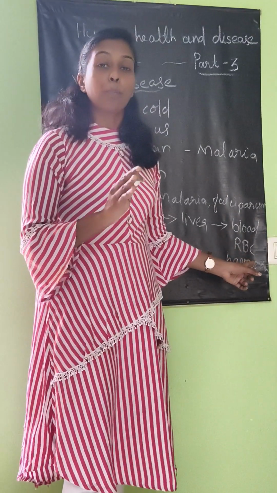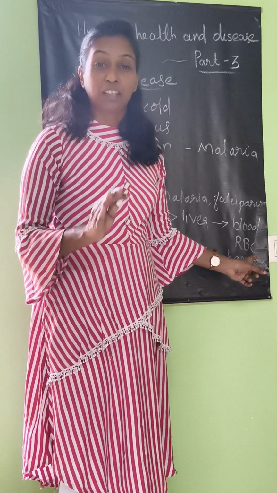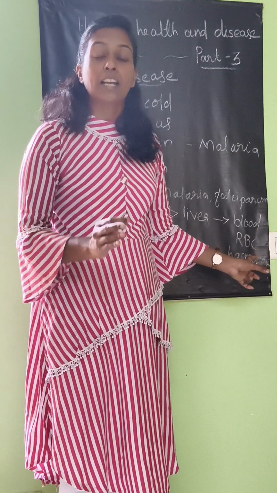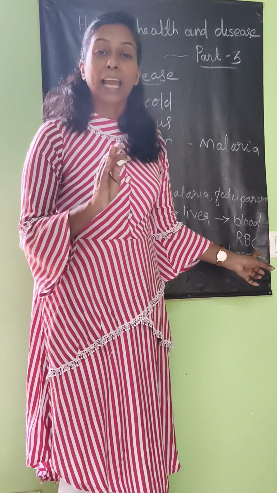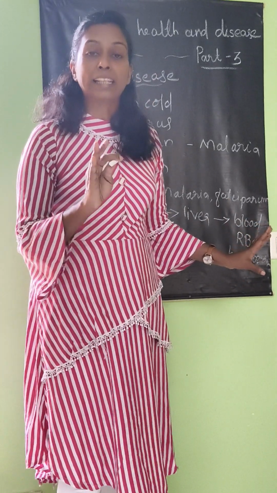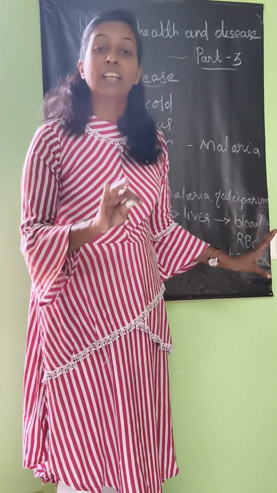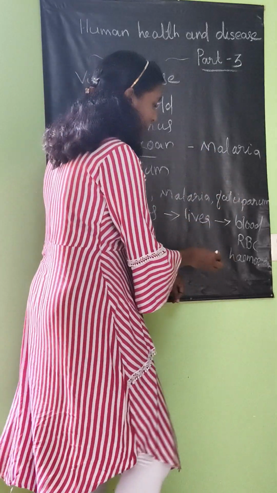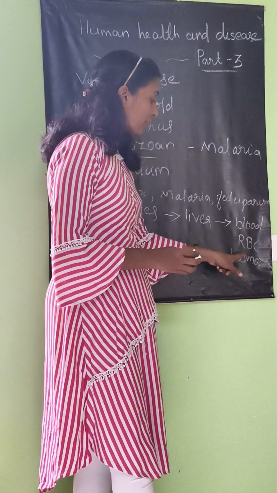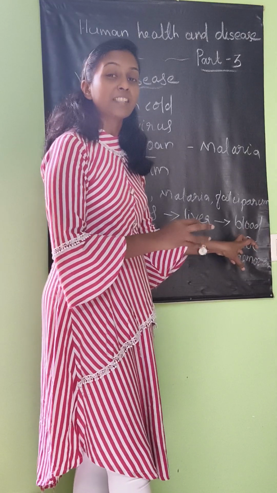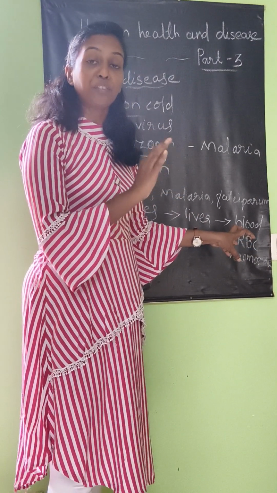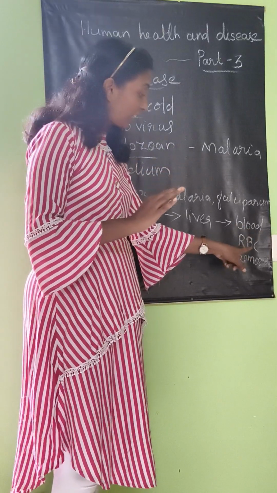So now the blood is contaminated, it is infected, and not only that, male and female gametocytes are formed in the blood. Now what happens? A female Anopheles mosquito comes and sucks this infected blood. So male and female gametocytes are present in this blood.